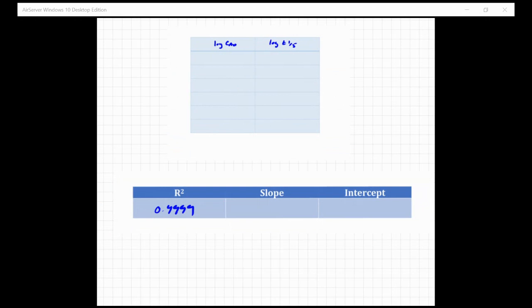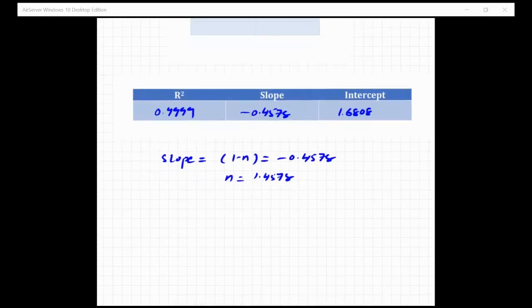Slope is equal to minus 0.4578, and the intercept is equal to 1.6808. So these are the values. Now, of course, according to our equation, the slope is equal to 1 minus n, equal to minus 0.4578. So n is equal to 1.4578. This is the n.